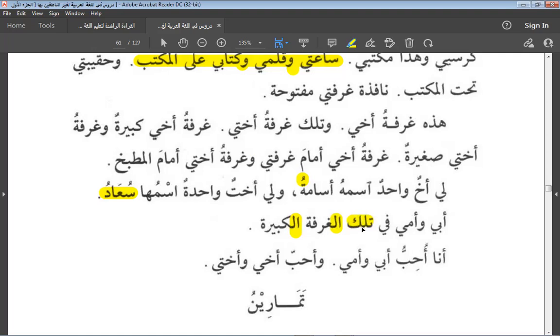So here, if I had tilka ghurfatun kabiratun, what would I say? I would say that is a big room. But because it came with alif and lam after this kind of words, tilka, dhalika, hadihi, those kind of words that we just studied, it becomes this boy, this room, it goes direct like that.